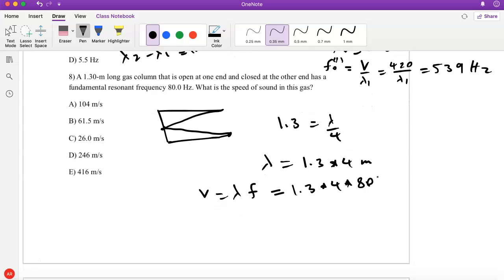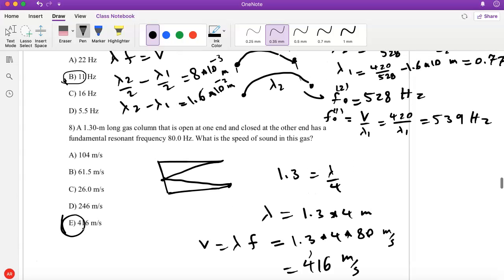So what is that? 4 times 80 is 320, and then 0.3 times that is 96, so we want to add 96 to 320, so that's 416, which is one of the answers.